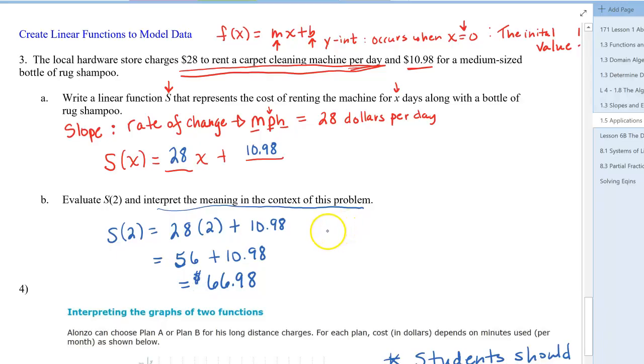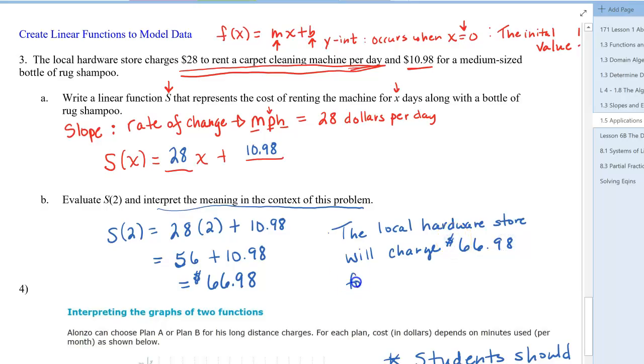So the meaning of this in the context of the problem would be, let's put, the local hardware store will charge $66.98 for renting the machine for 2 days, because that's what we plugged in for x, and x is the number of days.